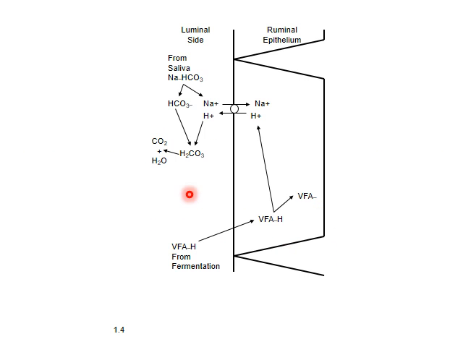So we need to get the VFAs from the rumen over to the blood side. There are two ways we can think about that. One is we have the VFA that still has its proton on it. Most of the time in the rumen, 90% of our acid or VFAs are associated.